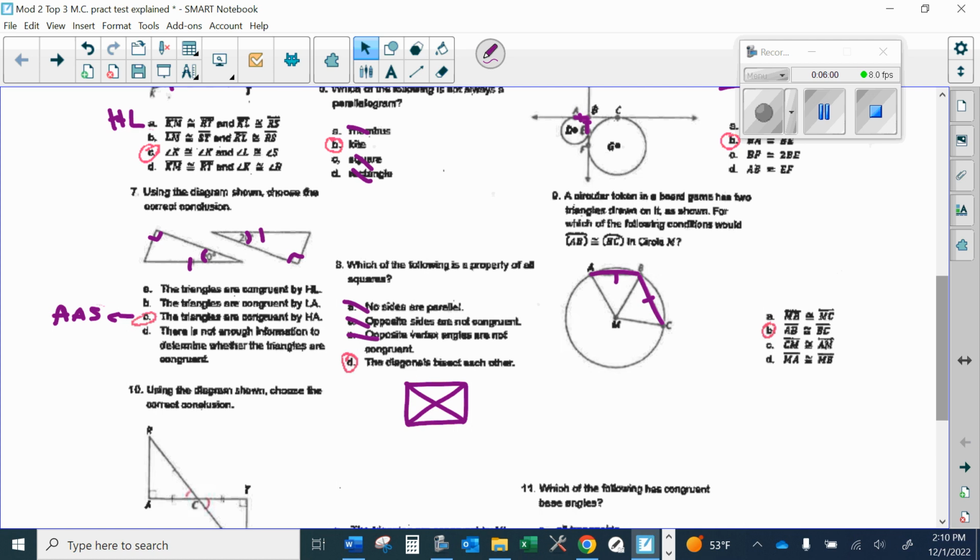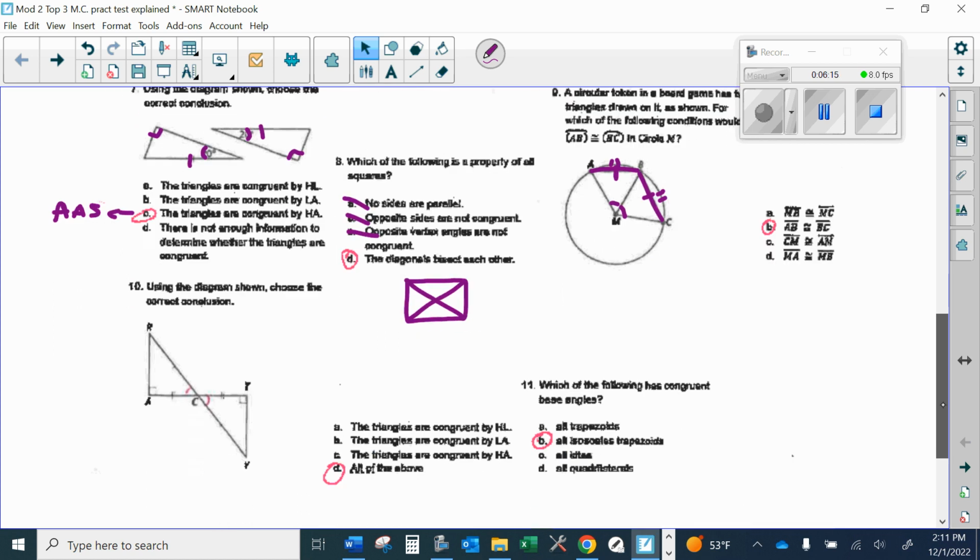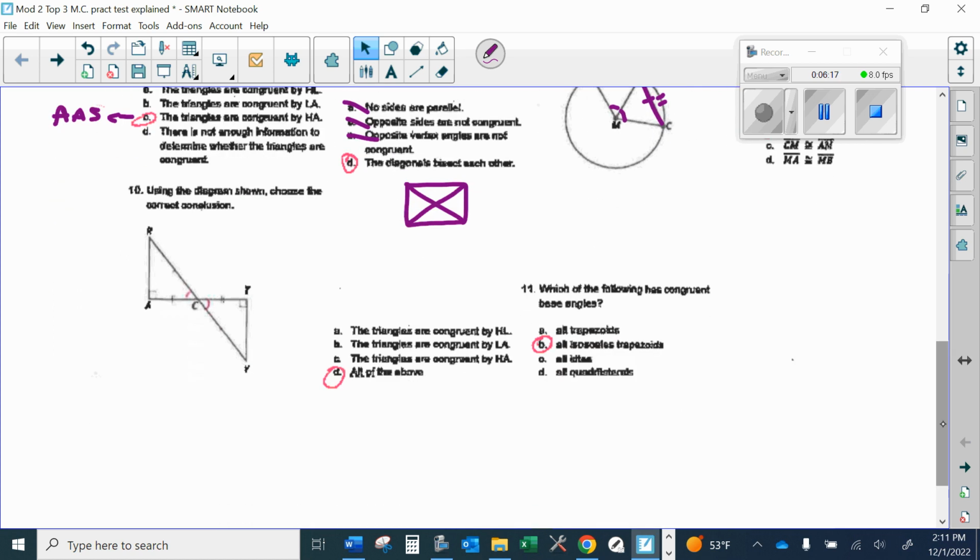The equal chord lengths mean they have the same central angle right there and the same arc measure. Okay, equal chord lengths have equal arc measures. You need to remember that. All right, choose the correct one. So here we have a vertical angle there, and I can get my free point from. It gave me that and that.